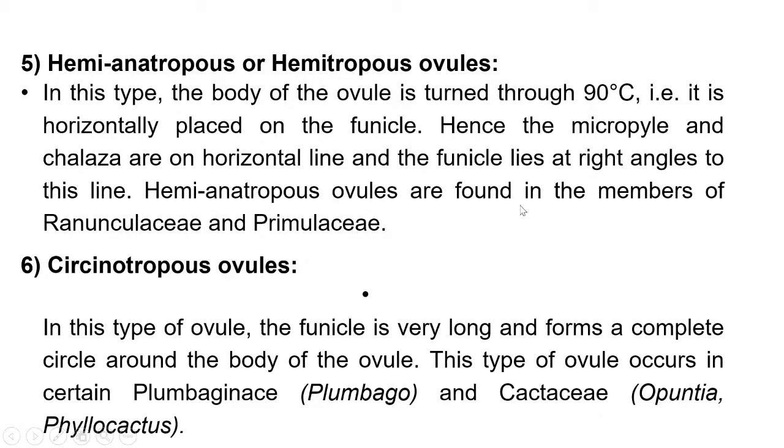Hemianatropous ovules are found in the members of Ranunculaceae and Primulaceae. And last type of the ovule is called circinotropous. In this type of ovule, the funiculus is very long and forms a complete circle around the body of ovule. This type of ovules occurs in certain Plumbaginaceae and Cactaceae.